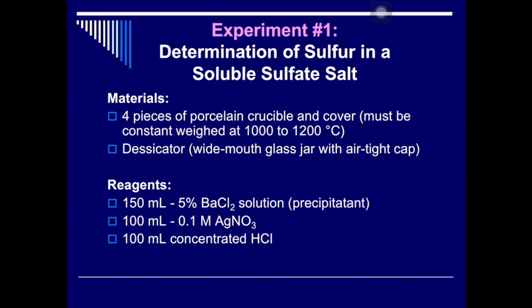The reagents we are going to use are barium chloride solution, which is used to precipitate sulfates as barium sulfate. We also have 0.1 molar silver nitrate, which is used to check for impurities that are absorbed at the surface of your precipitate, and 100 ml concentrated hydrochloric acid.